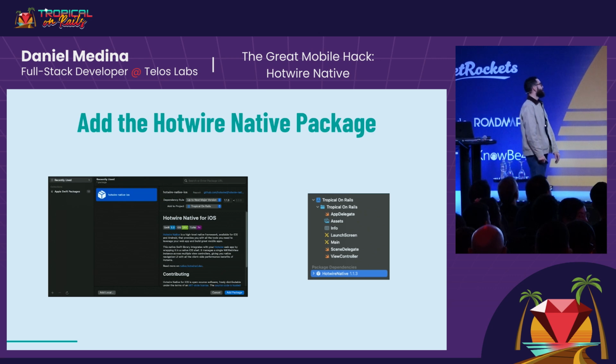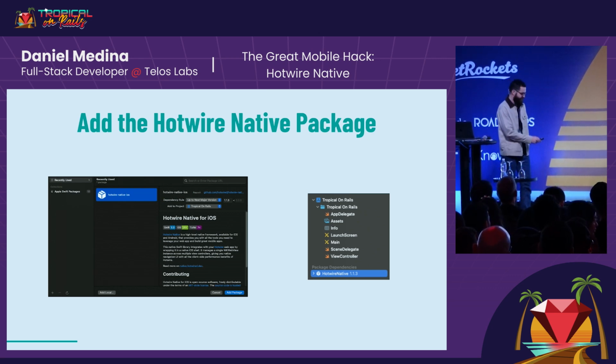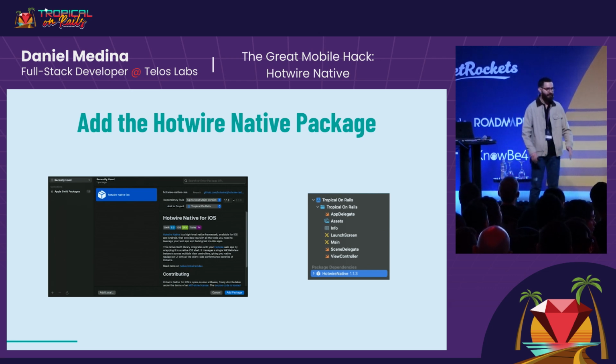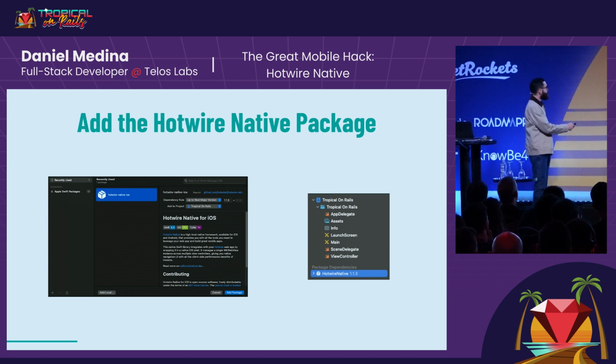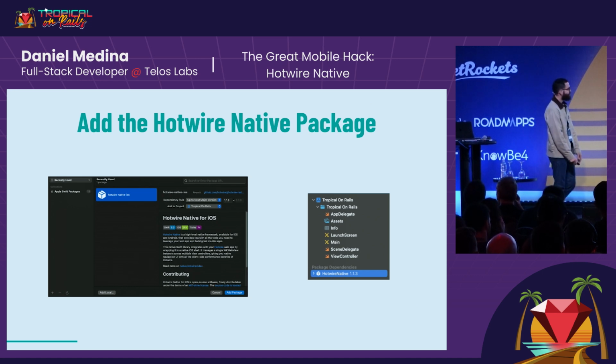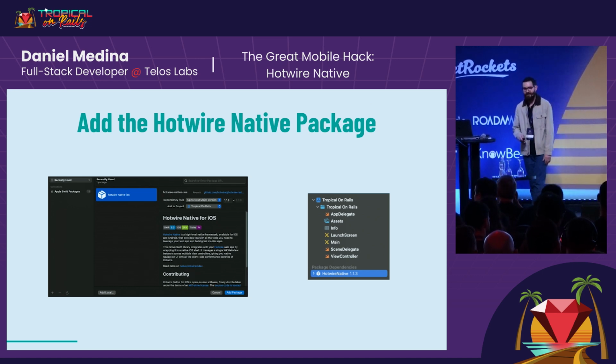Then we need to add the Hotwire Native package. It's basically like in Ruby where we use gems; Swift uses Swift packages. It's a very straightforward installation, and once you have installed it, you will see it in your package dependencies. So far so good, not too complicated.